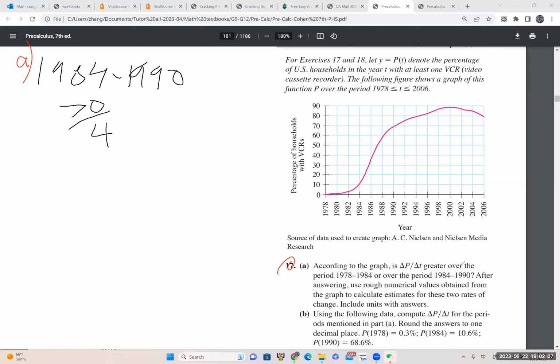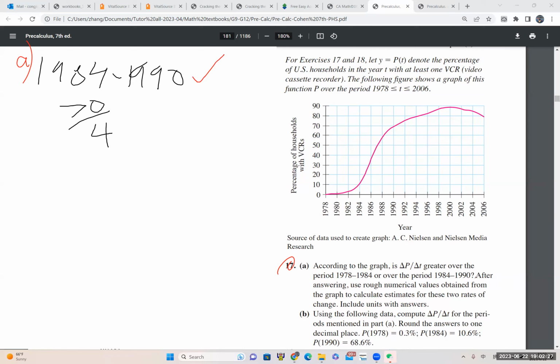So first, it's easy to say. By the way, is this the same range? 6 years, here also 6 years, right? But obviously here it increases very slowly, right? But here it increases sharply. So this is correct.